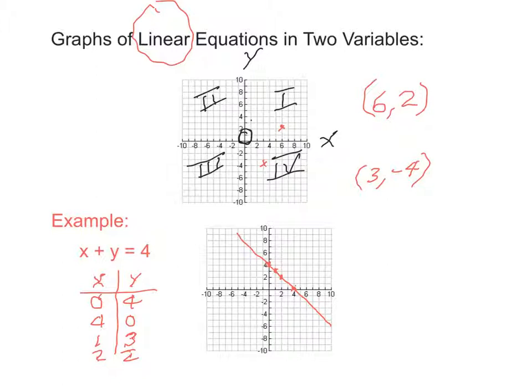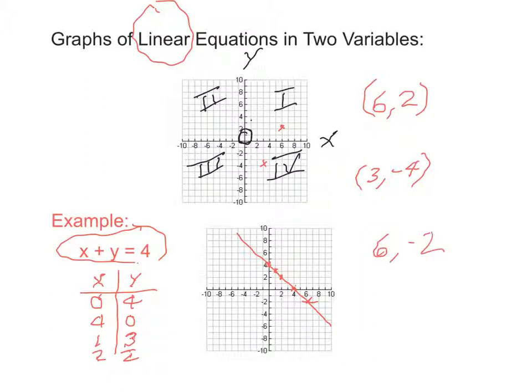And actually, if you think about it, every single point on this line corresponds to a solution for x plus y equals 4. So I could pick any point on this line, and say, for example, I pick this point right here. That's the point x equals 6, y equals -2.